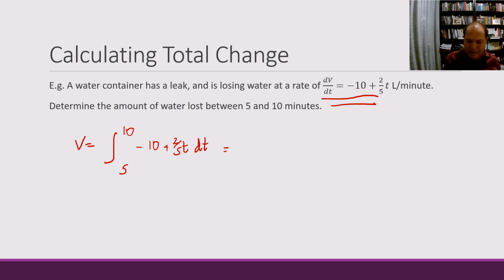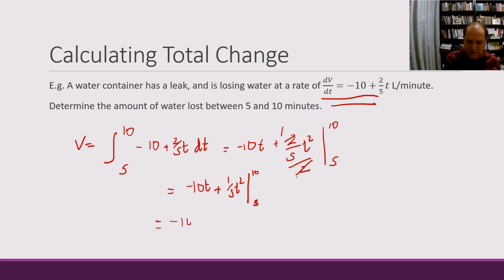And then integrating that, that'll be -10t plus 2/5 t squared over 2, and that's going from 5 to 10. That 2 and that 2 will cancel each other out. So all we're looking at is -10t plus 1/5 t squared from 5 to 10.